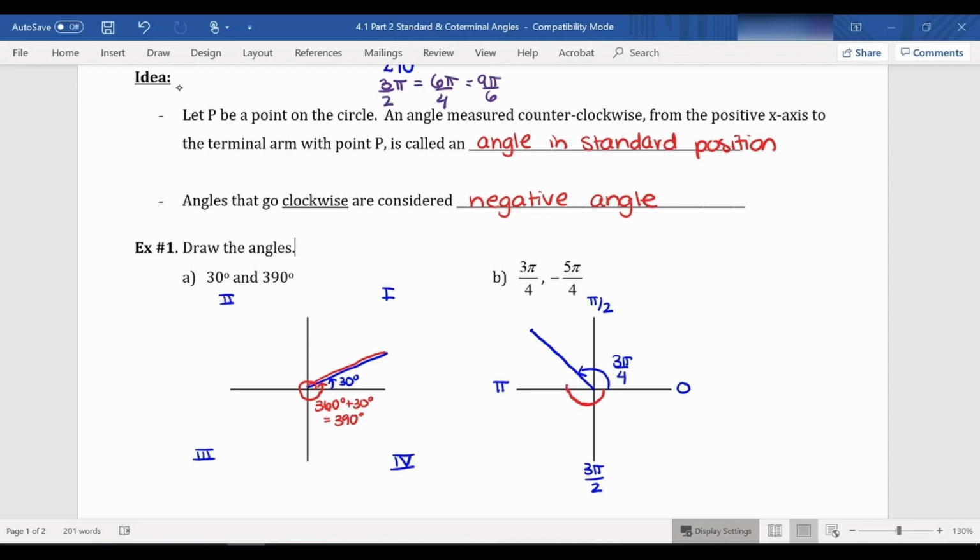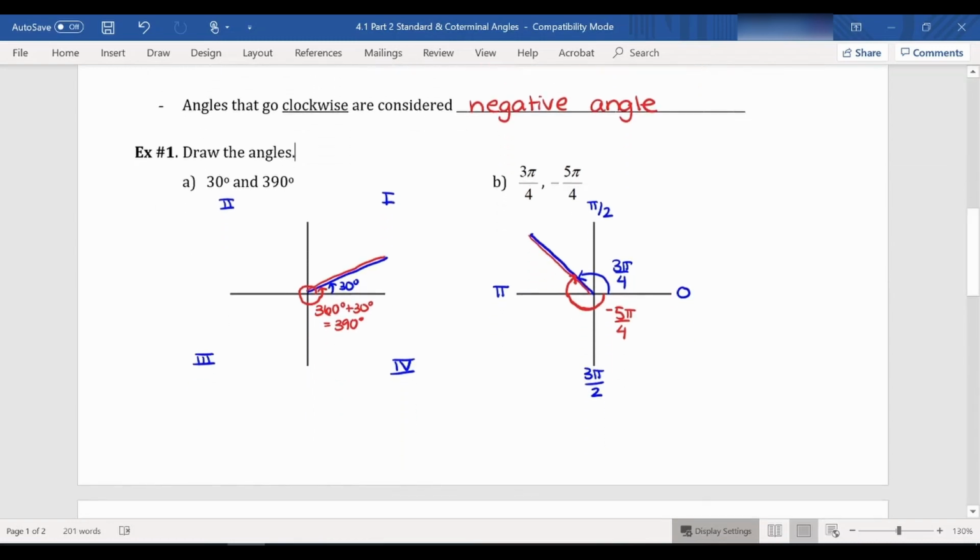So I traveled a little bit further, and again, I ended up in the same terminal position as my first angle, with that additional pi over 4 that I have to travel. I didn't travel 3/4 of the way around my whole circle. I traveled halfway around, which is pi radians, and a little bit further.